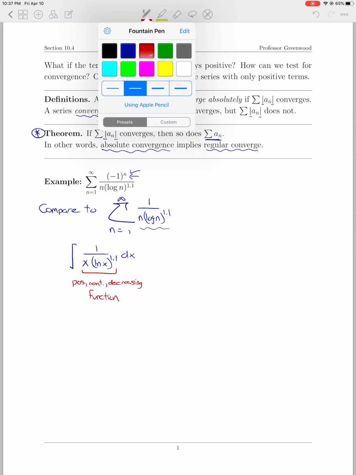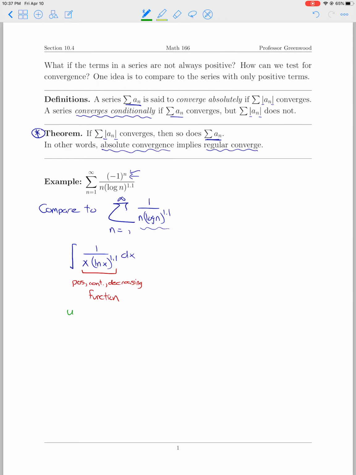Then I can do a u substitution in order to figure this out. I could let u be equal to ln x, which is convenient because in this case, du would be 1 over x dx. If I plug that into this integral, then it's going to end up simplifying to du over u^1.1.